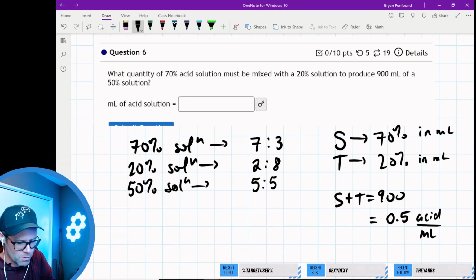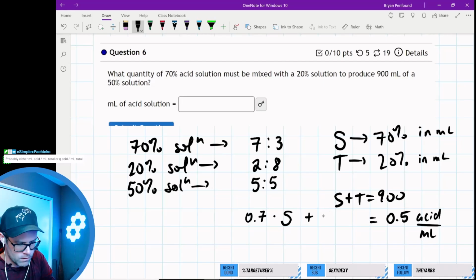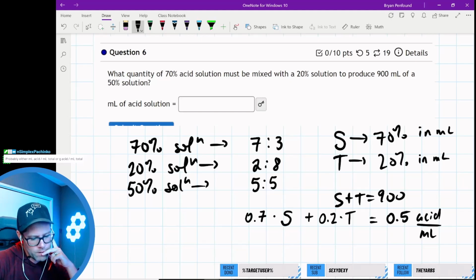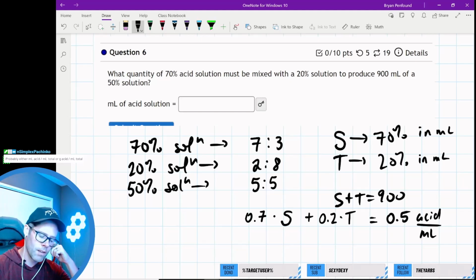So basically, we're taking the number of milliliters in the 70% solution. Because that's given in milliliters, right? I just don't know if I need to adjust this a little bit more, or if I'm happy with that.